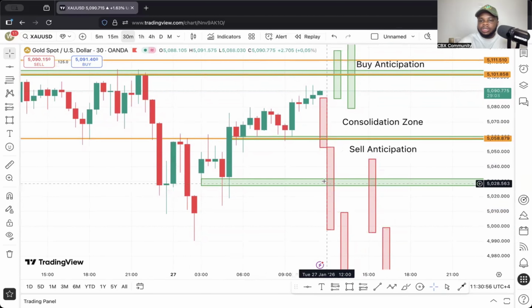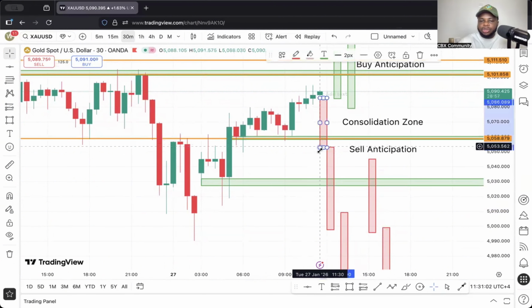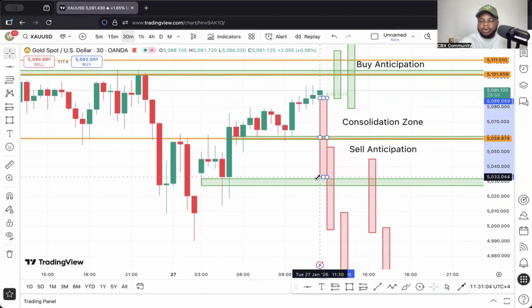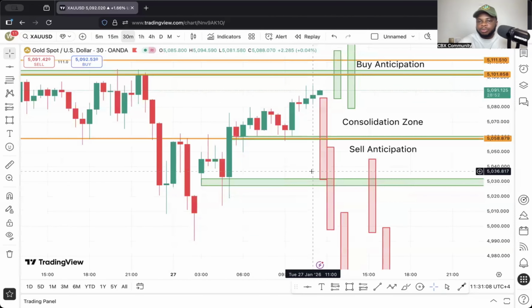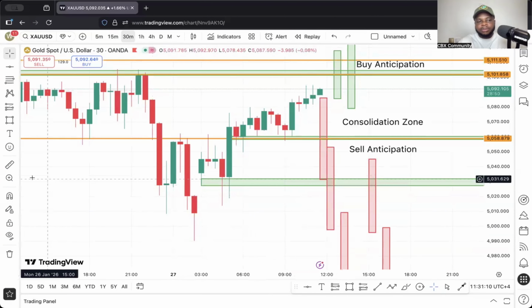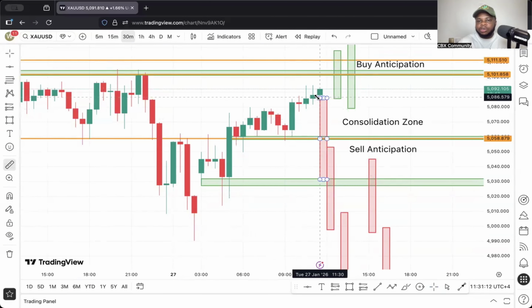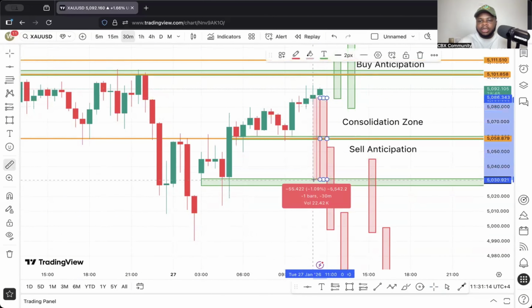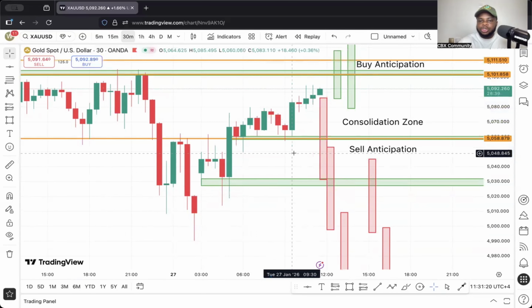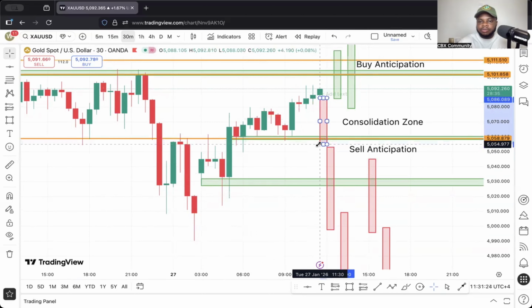So I want you guys to know that if this candle should break our support zone and continue to come down to get to this place, I will not advise you to take a position, because you need to ask yourself, where will you put your stop loss? From the high of this candle over here to this place, we are looking at 554 pips, and that's huge. So we need to wait for a candle to close below our support zone over here.